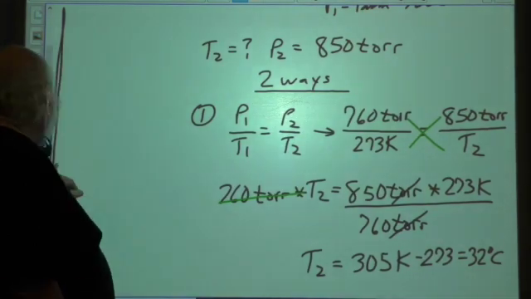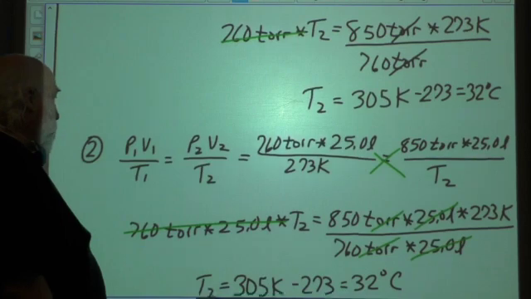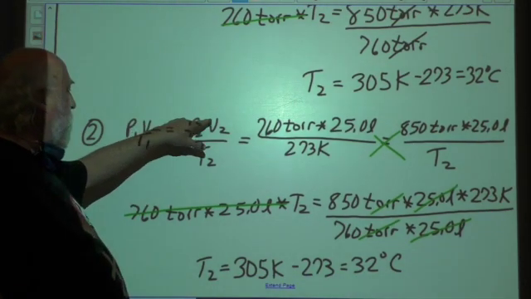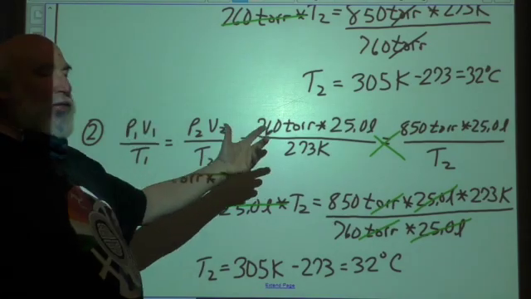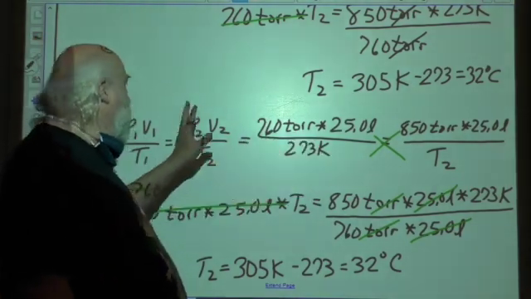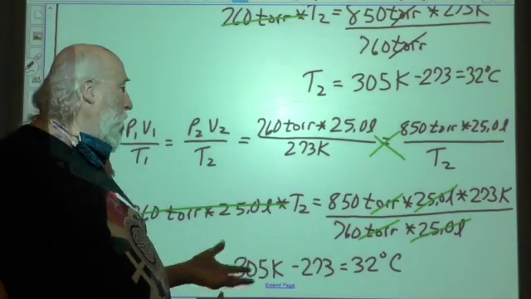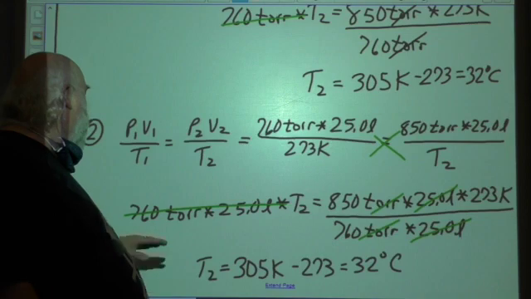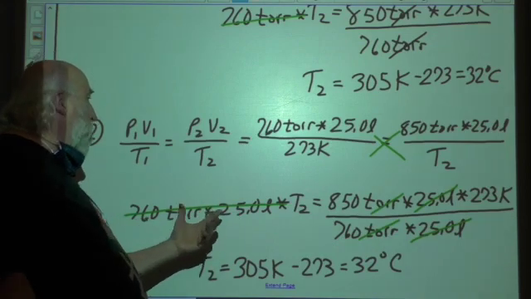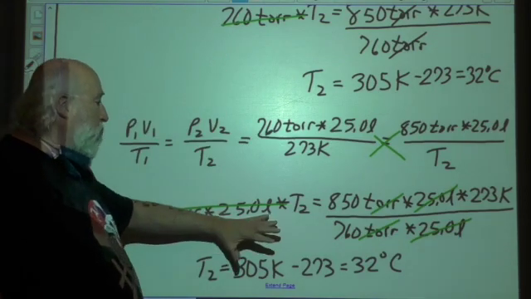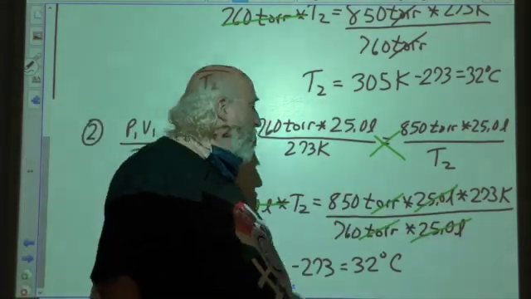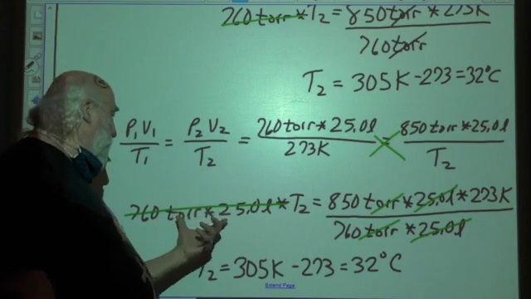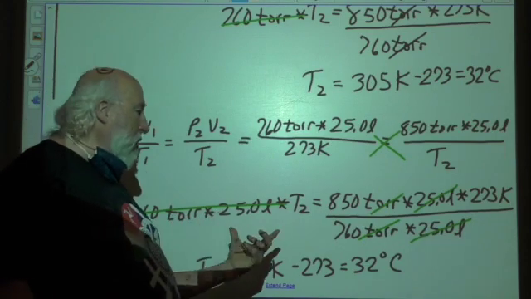You could do it by using the combined gas law. In the combined gas law, we have P1V1 over T1 equals P2V2 over T2. Now we put in the 25 liters for both V1 and V2 because the volume does not change. So we cross multiply like we did before. This is the same as what we had before, except we have 25 liters here and 25 liters here. To get T2 by itself, we divide both sides by this pair of numbers multiplying each other.